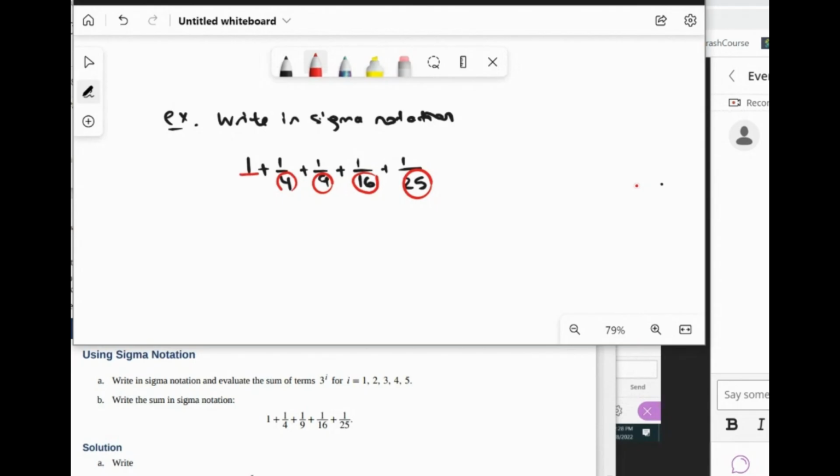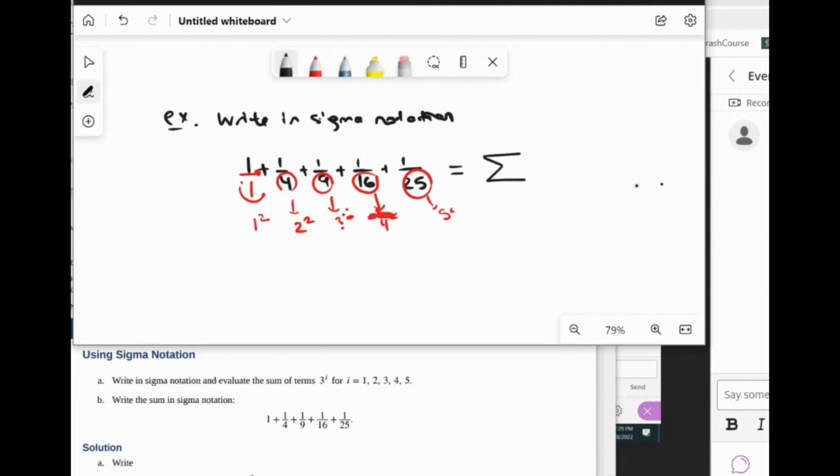In fact, the first one you can say this is 1 over 1. So this is 1 squared, this is 2 squared, this is 3 squared, 4 squared, 5 squared. So we can just use the sigma notation, which is going to be just the shortcut to write this sum.